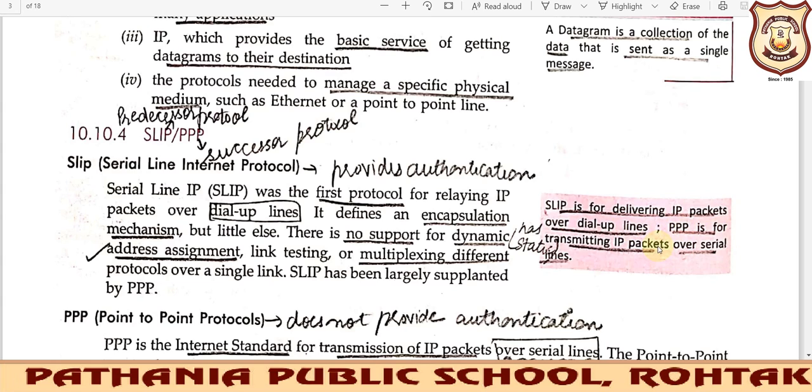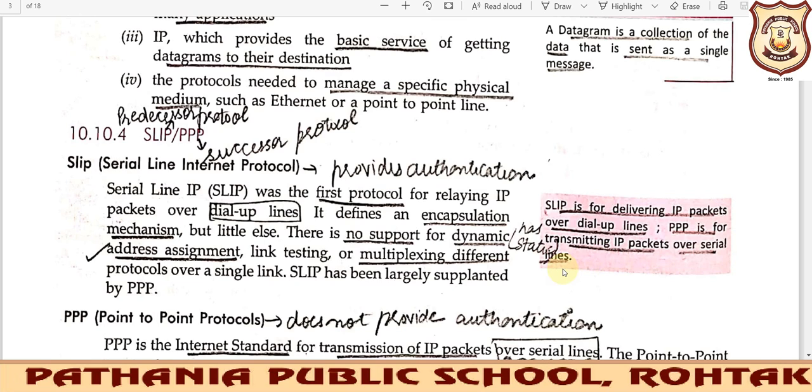PPP is for transmitting IP packets over serial lines. If we compare PPP with SLIP, we will find that SLIP has limited features in comparison to PPP. PPP offers many more features. There is no error detection facility in SLIP, but PPP also indicates if any error occurs while the data is being transmitted from one place to another.